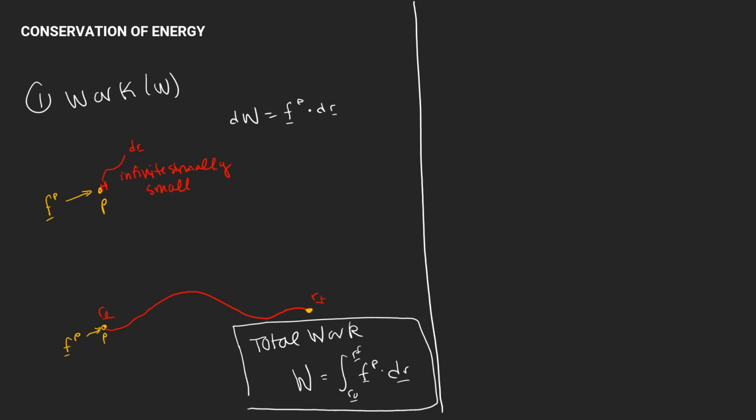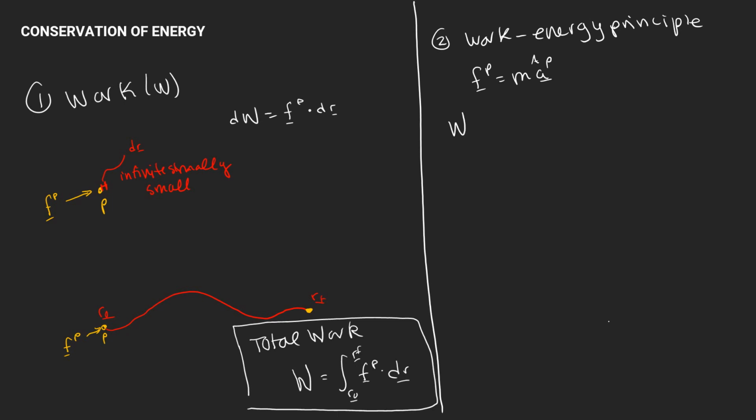Next, we're going to introduce the work energy principle, which effectively falls out of the fact that if we set Fp equal to ma, which comes from Newton's second law, we can now plug this into our work equation.